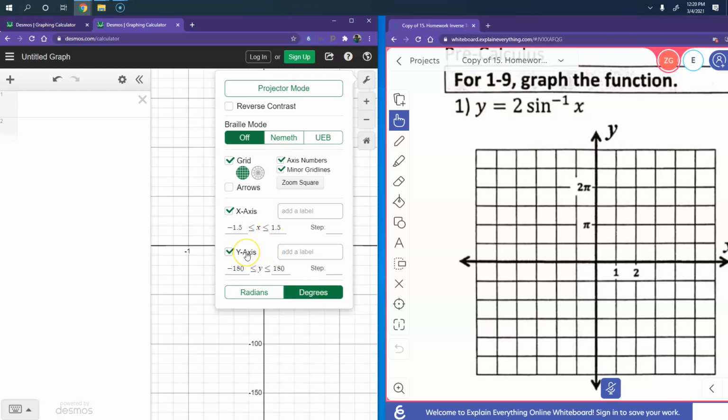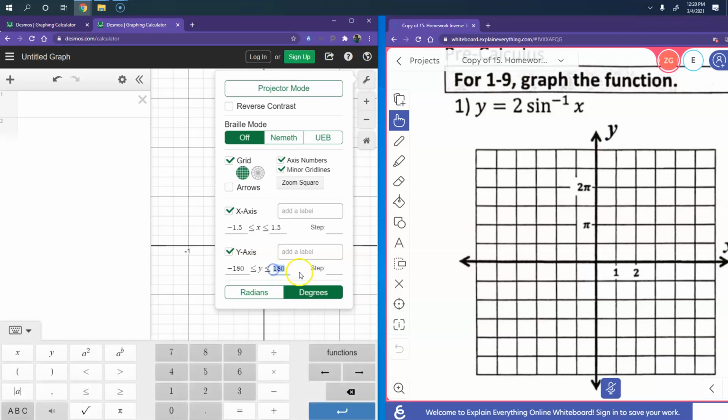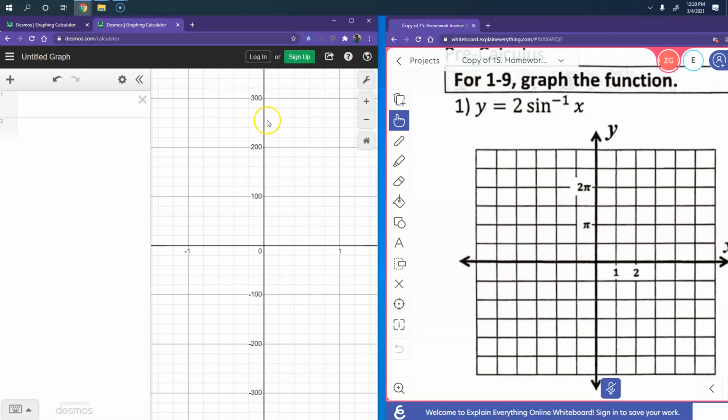For the y-axis, let's go to 360, that's 2 pi, and negative 360, which is also negative 2 pi. And so it's in degrees.